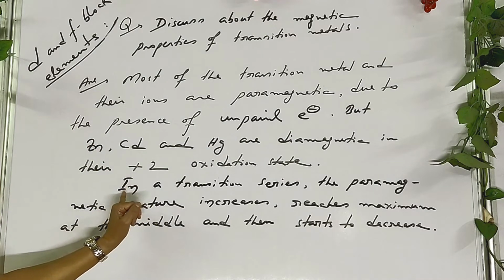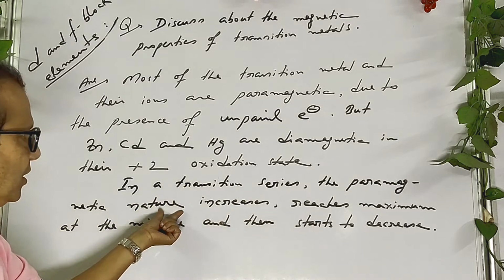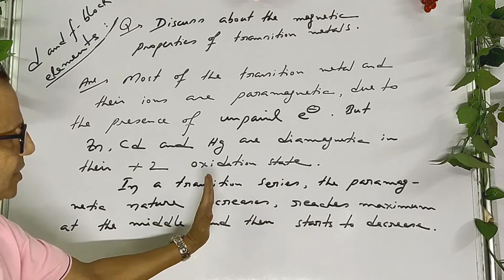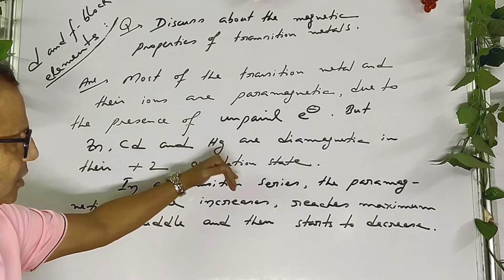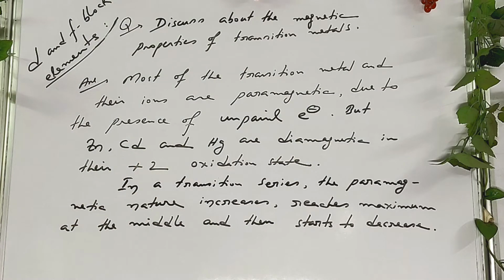If we consider any transition series, the paramagnetic nature reaches maximum at the middle, then starts to decrease. So I think you understand it.